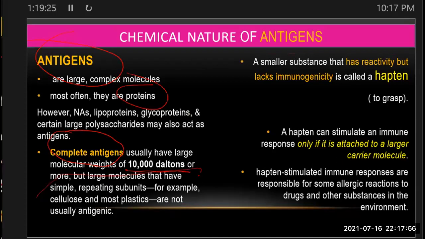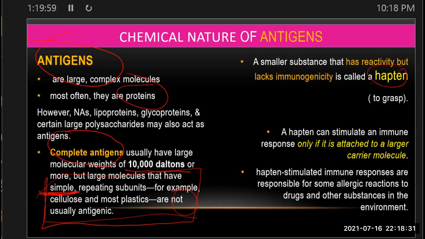Take note, even molecules that are large but whose structure is simple are not antigenic. You have to be unique and really complex to become an antigen. And a smaller substance that has reactivity but lacks immunogenicity is a hapten.